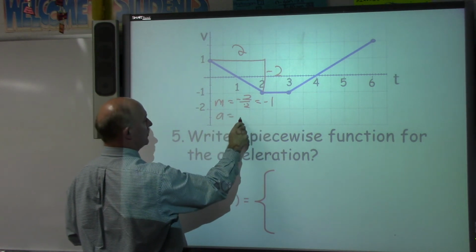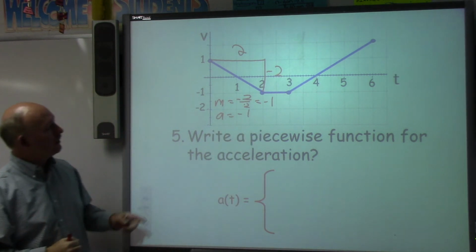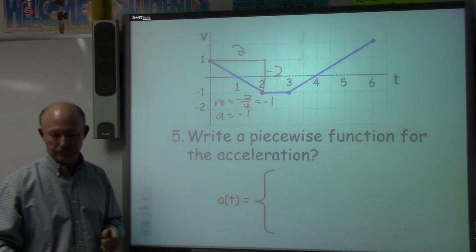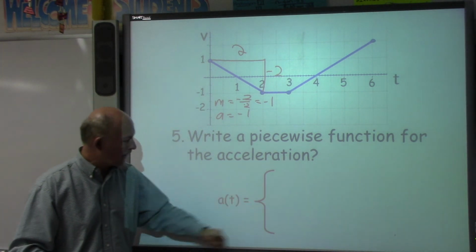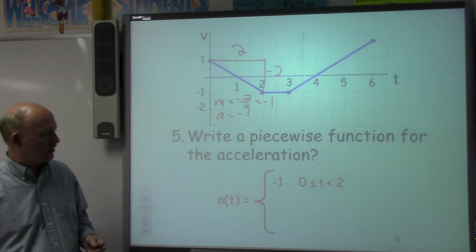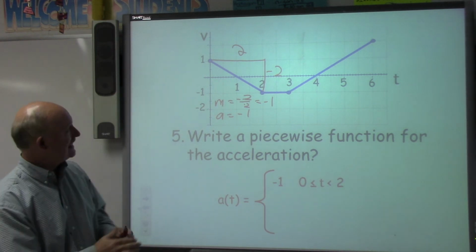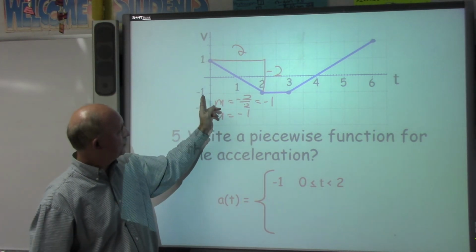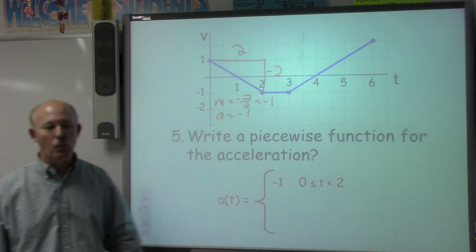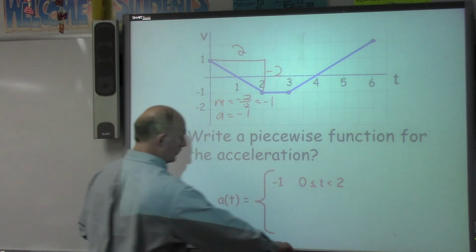So the acceleration would equal -1 on the interval from 0 to 2. So when we start our piecewise acceleration function, we'll start it off like this. On the first interval from 0 to 2, the slope is -1.